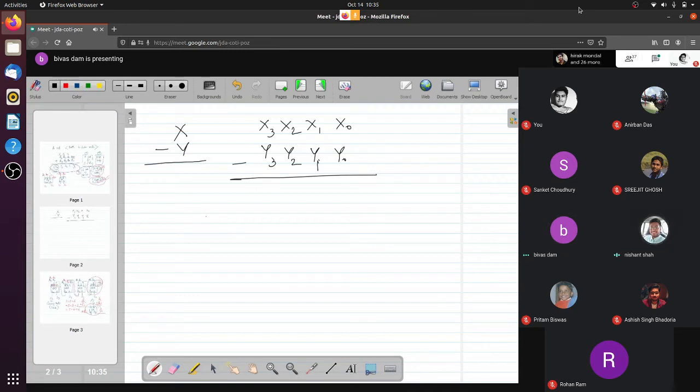So now my requirement is to realize a scheme where I can perform the subtraction operation using the addition scheme.